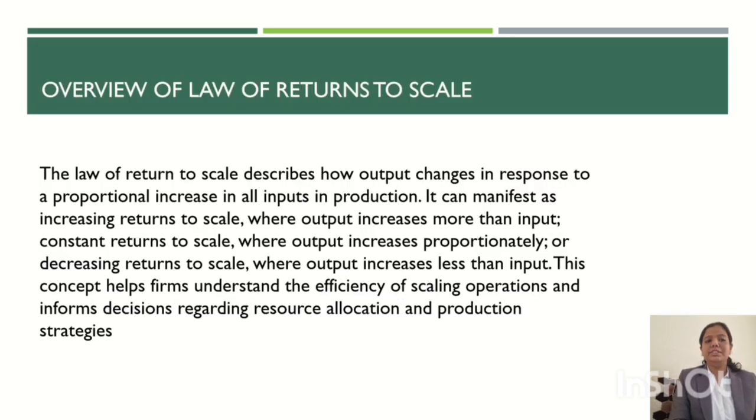The law of returns to scale describes how output changes in response to a proportional change in all inputs in production. It can manifest as increasing returns to scale, where output increases more than input, constant returns to scale, where output increases proportionally, or decreasing returns to scale, where output increases less than input.